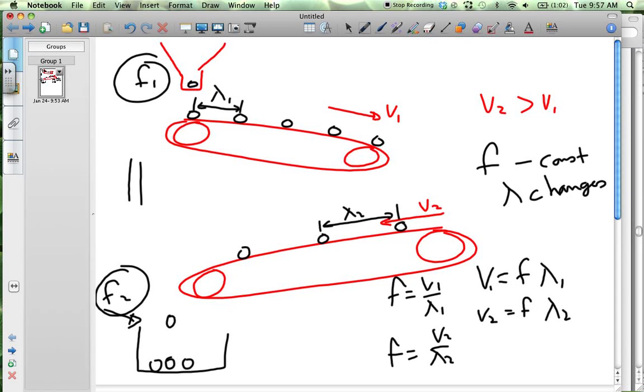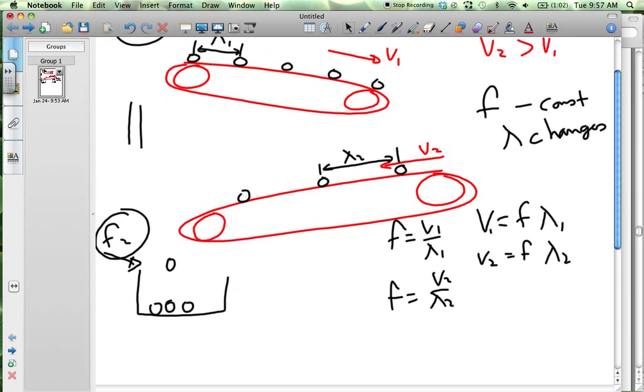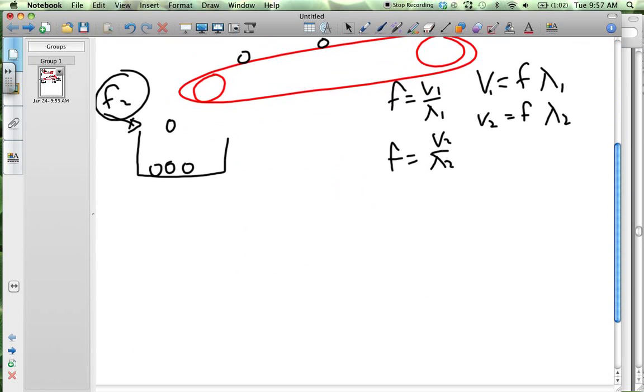Okay, so when I get my Snell's law formula, remember we had N1 over N2 is equal to V2 over V1, like that. I could also say that's equal to lambda 2 over lambda 1, the wavelength.